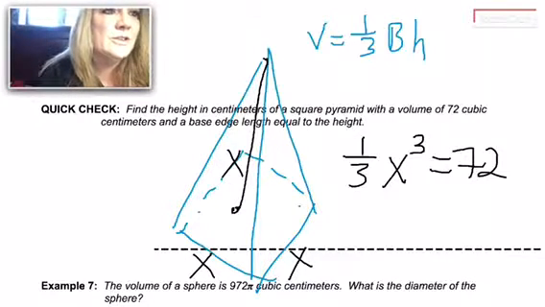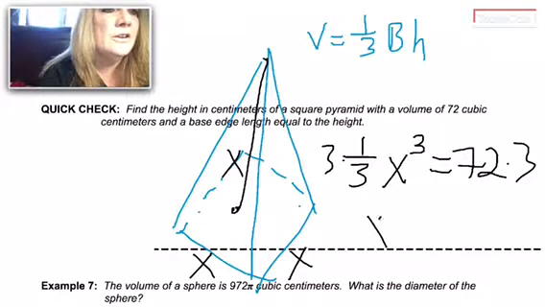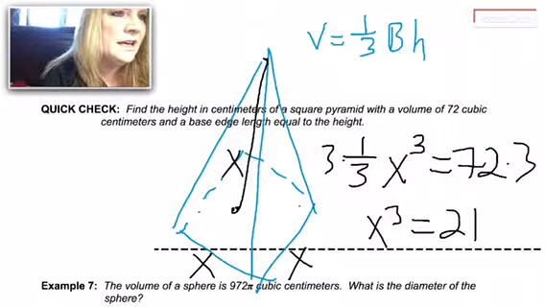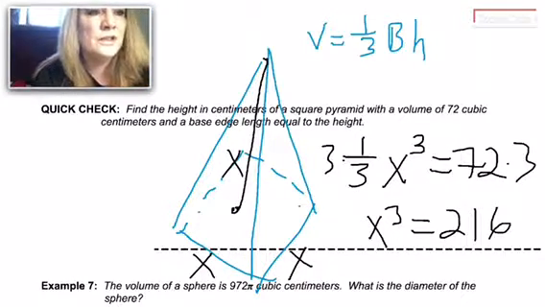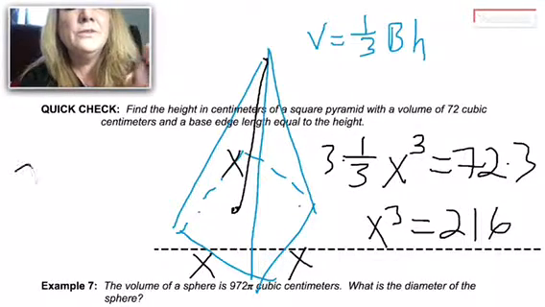So we have 1/3 x times x for the base times x for the height, which is x cubed, equal to 72. So again, I'm just going to multiply both sides by 3, and 72 times 3 is 216. So I get x to the power of 3 equals 216. And the way I usually put this in my calculator is the opposite. You can do it two ways.